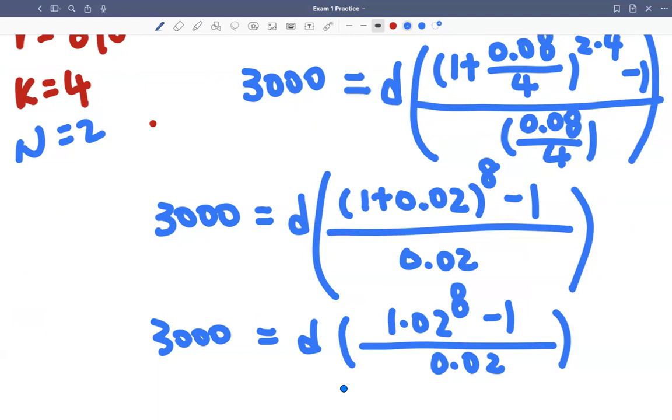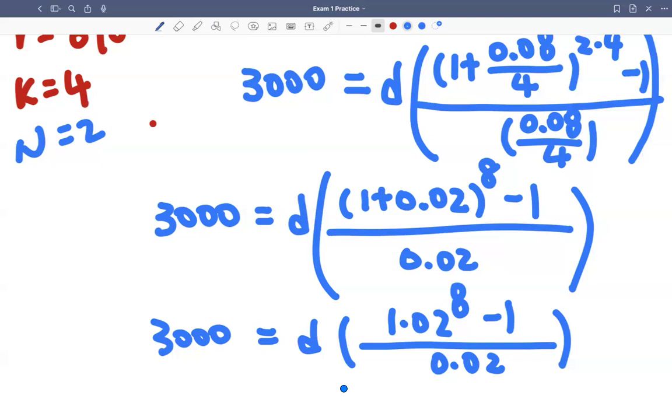I get 1.0404. 1.02 raised to 8 is the same as 1.02 squared raised to 4.